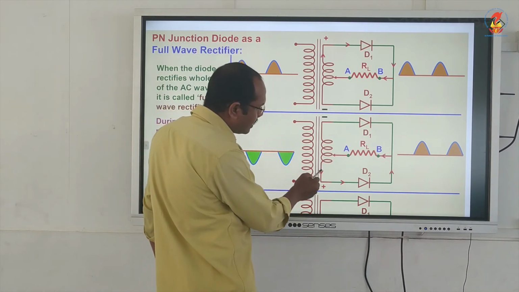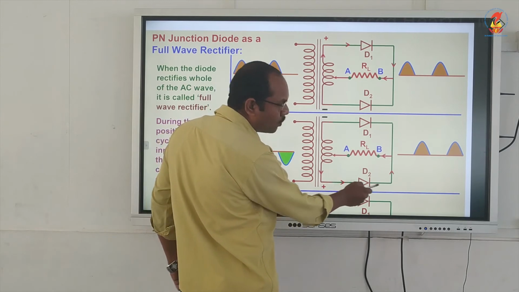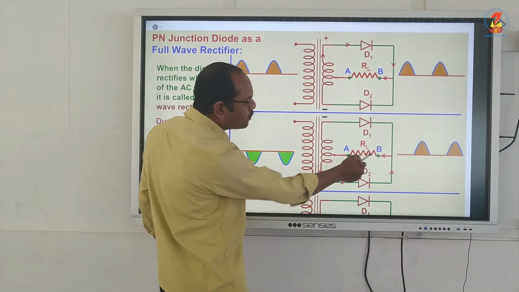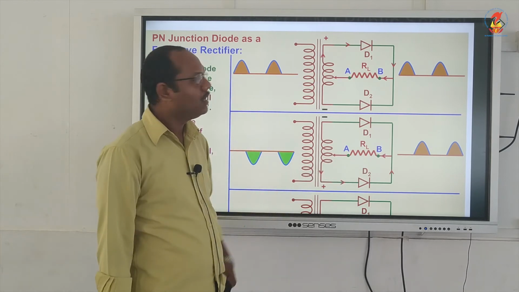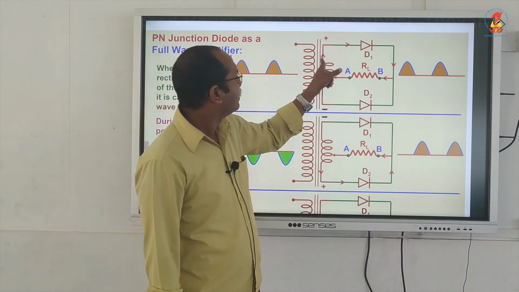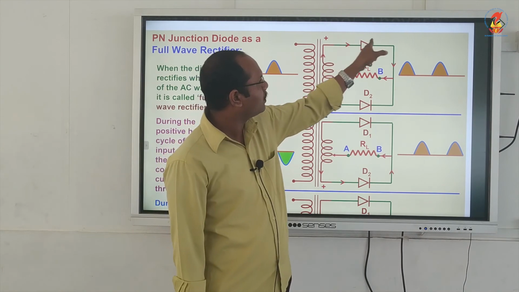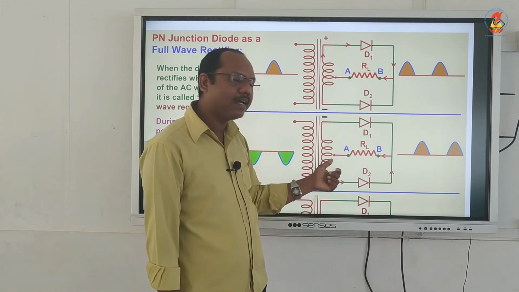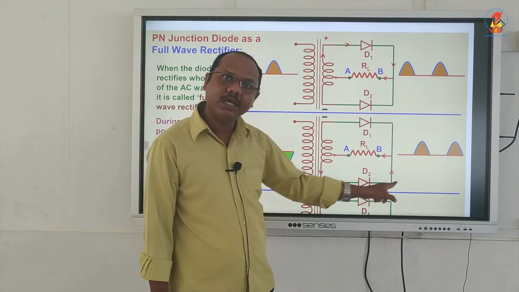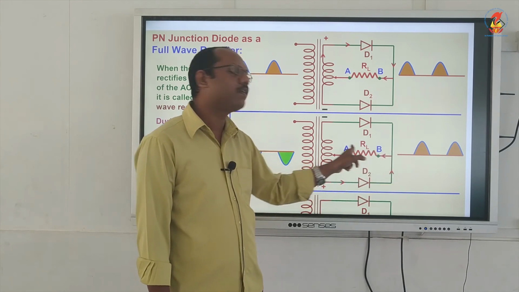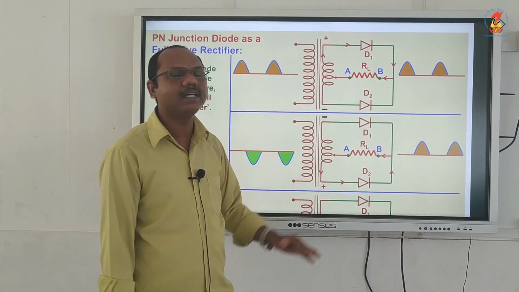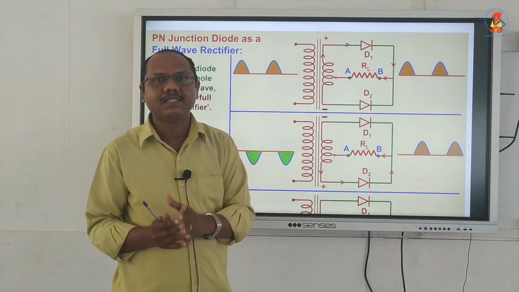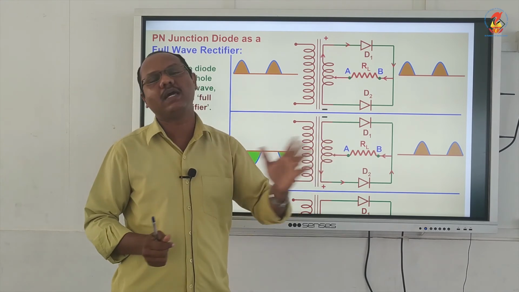It goes through D2 and reaches B, and again moves from B to A. In the first figure, even though the current was flowing through D1, it moves from B to A. In the second figure, the current is flowing through D2, but here also it goes from B to A. So in both figures, the current is flowing in one direction only, from B to A.